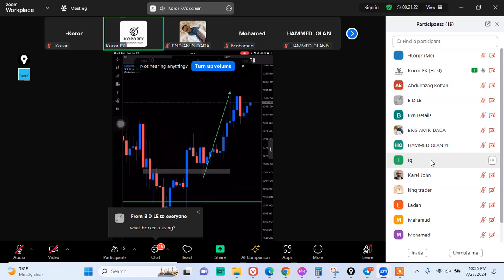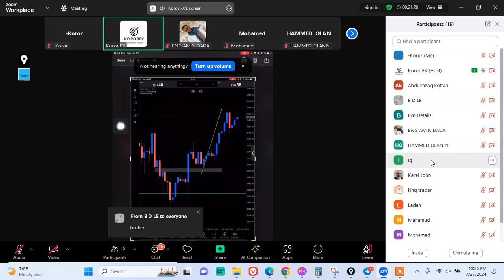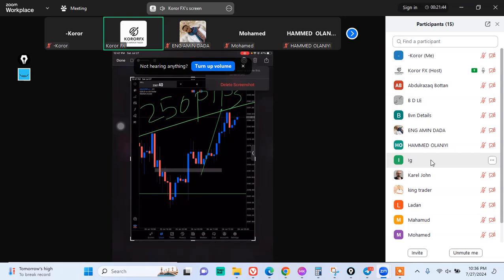Anyway, 250 pips. So if you take 150 pips with a preferred storyline, it's very good. But this one, look, it moved 250 pips. So this is how you can, guys, find the storylines plus the setups, okay?